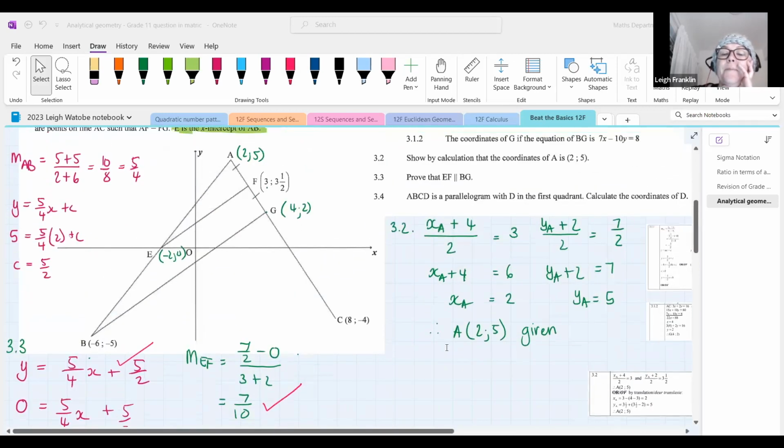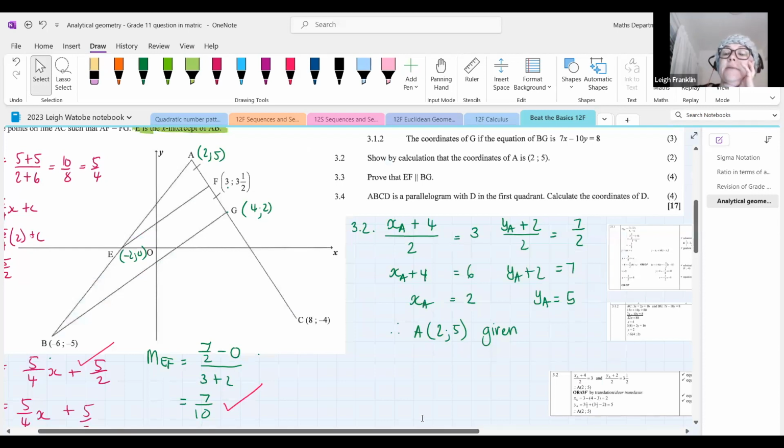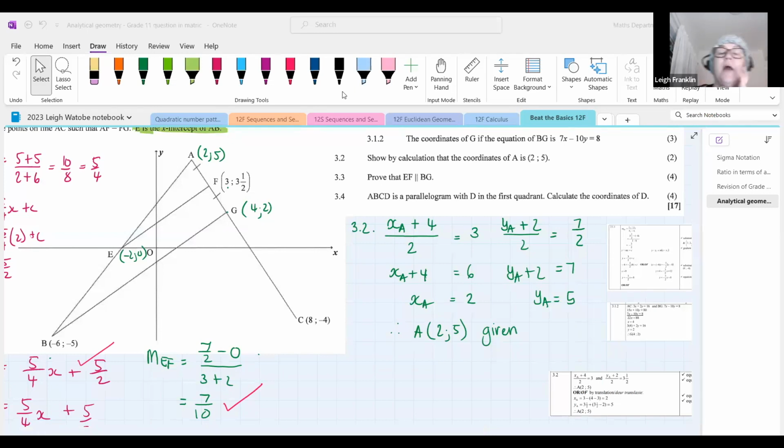Okay, let's do the last question. It says ABCD is a parallelogram with D in the first quadrant.